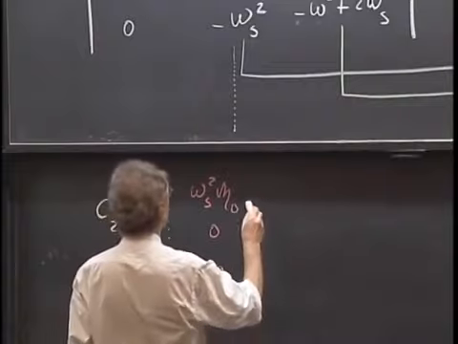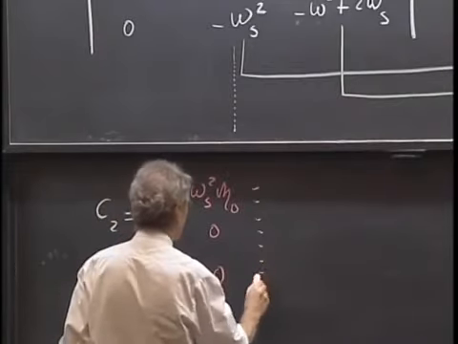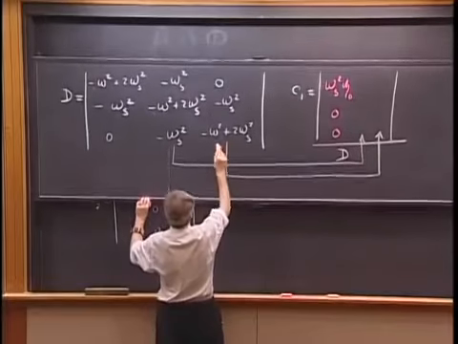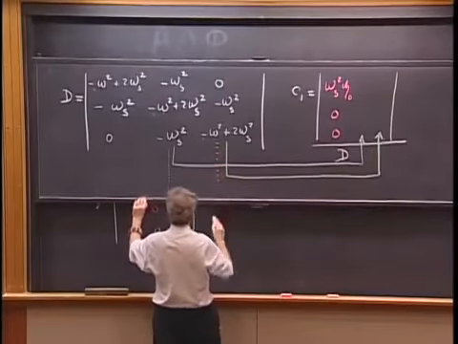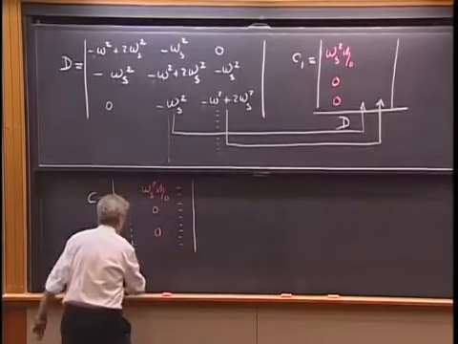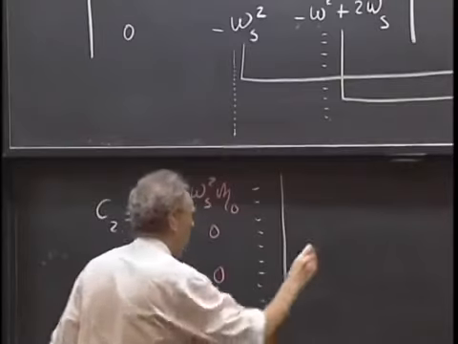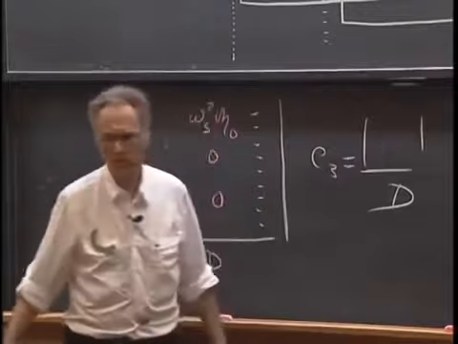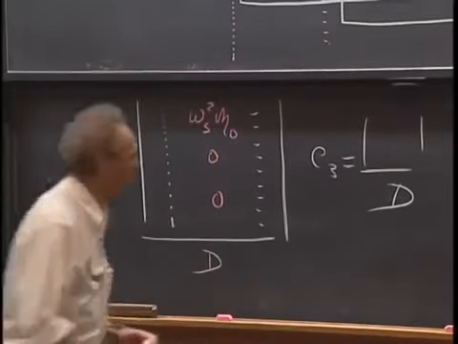And then the third one is going to be this. And then you go on, and we divide it by d, of course. And then you can write down C3. You're on your own. I'll help you.